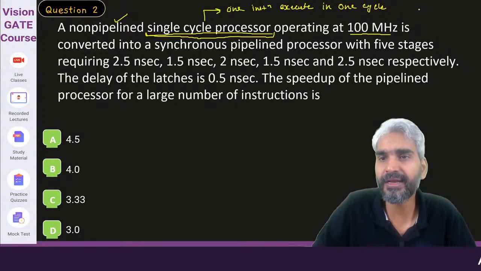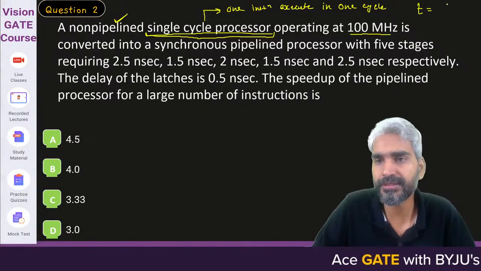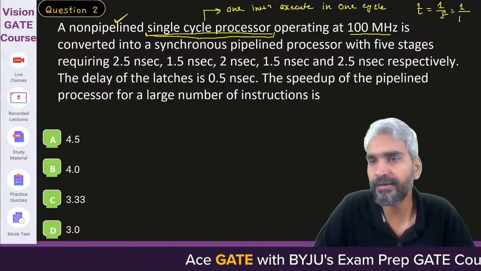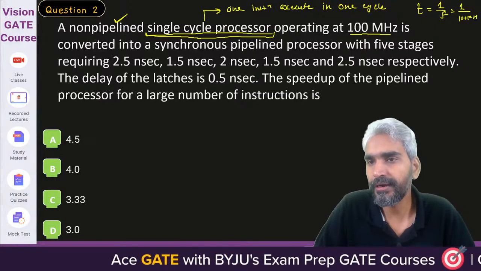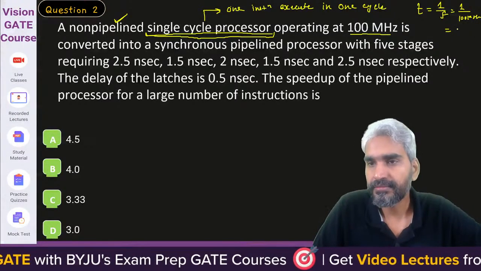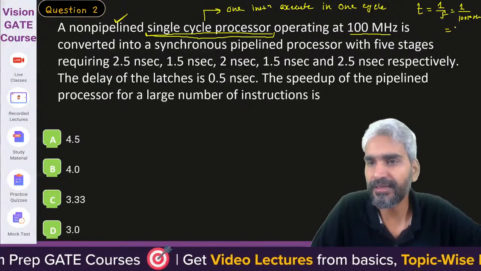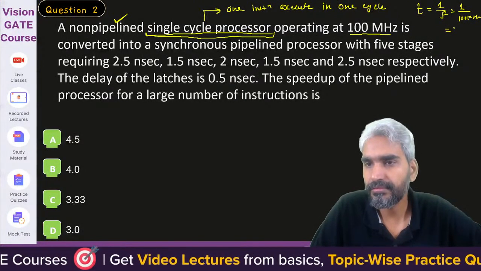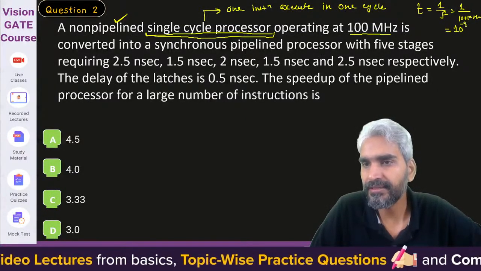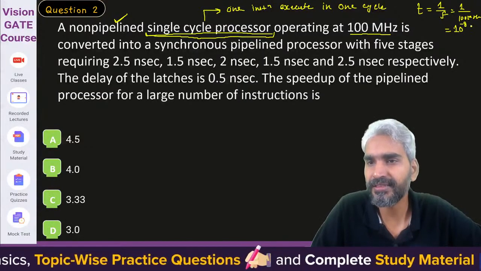When it is 100 megahertz, then the time period, that is the cycle time for this non-pipeline processor, will be T equals 1 by F, that is 1 upon 100 megahertz. What will it be? Yes, 1 upon 100 megahertz is 10 raised to the power minus 8 seconds.